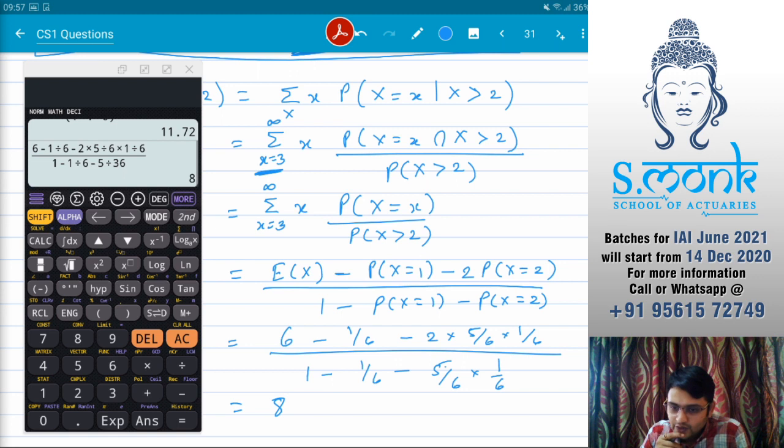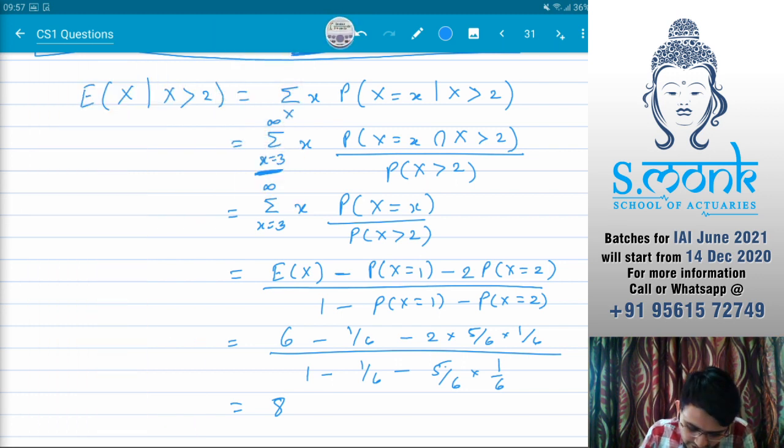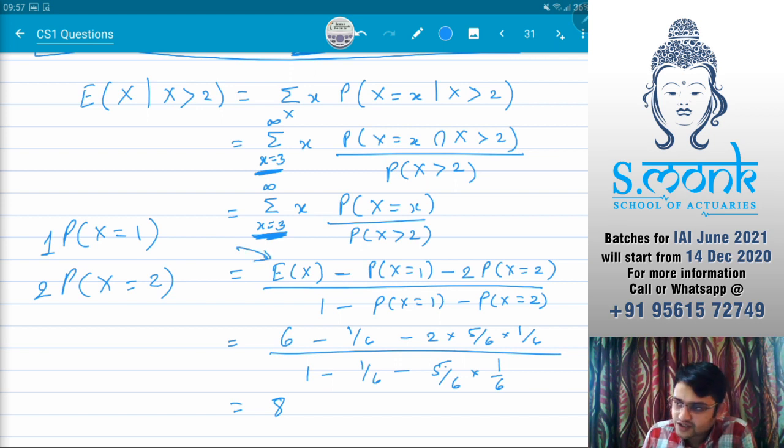Why don't we multiply by 2 in the denominator? Now see, what I have done is, why have I multiplied 2 in the denominator? Because expected value of x does not start from x equals 3. It starts from x equals 1. So therefore I have subtracted 1 into probability of 1 and also 2 into probability of 2. I have taken extra values in expectation, right?